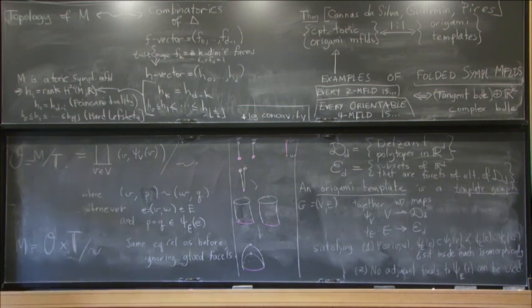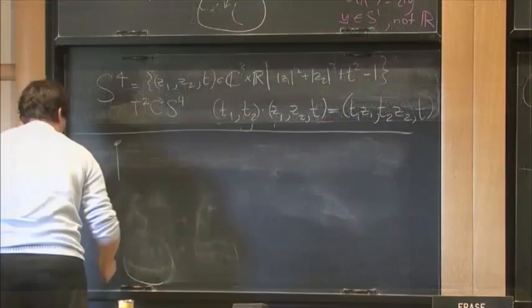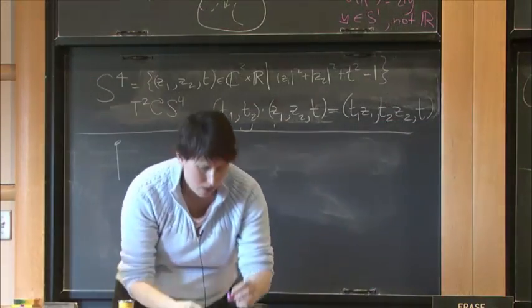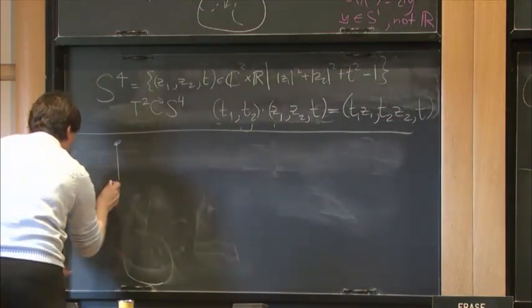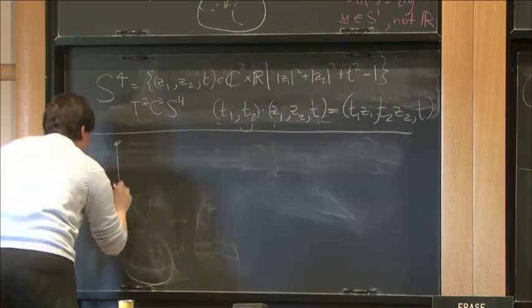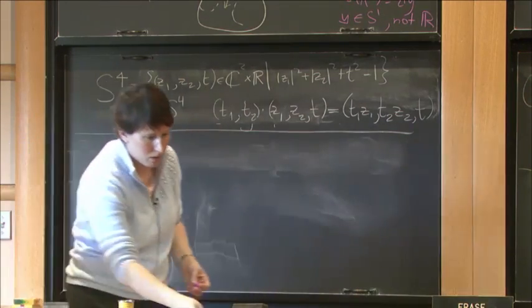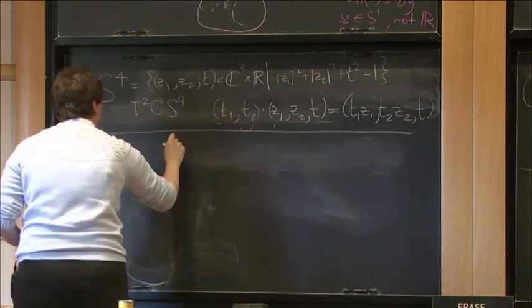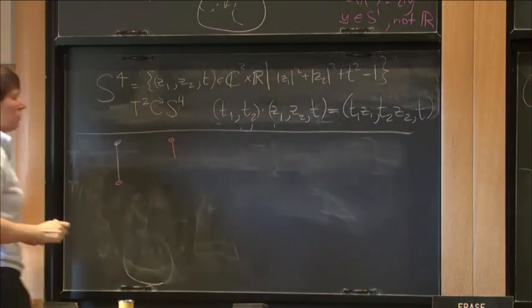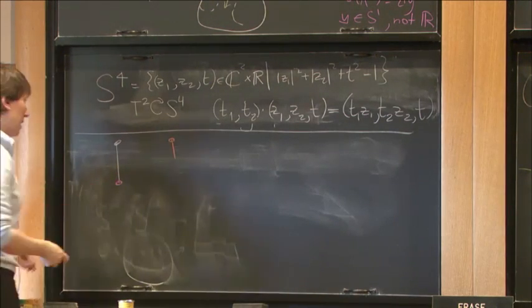somehow, you know, I said that there were non-orientable examples, and RP2 fits really nicely in this whole framework. So if I have an edge with a single vertex, then say this is my template.